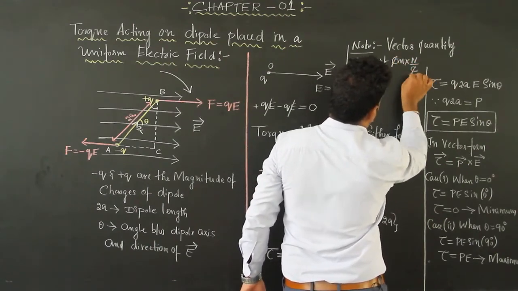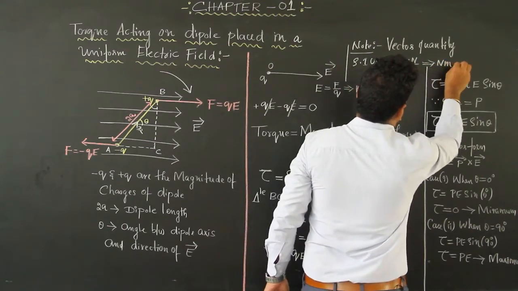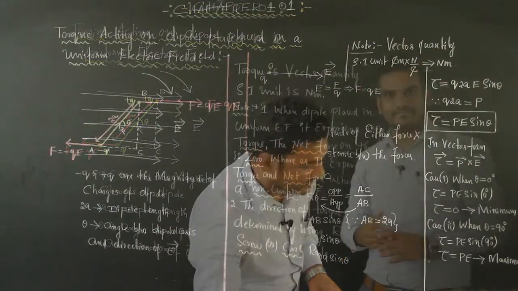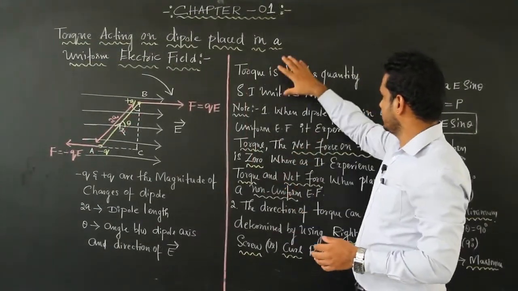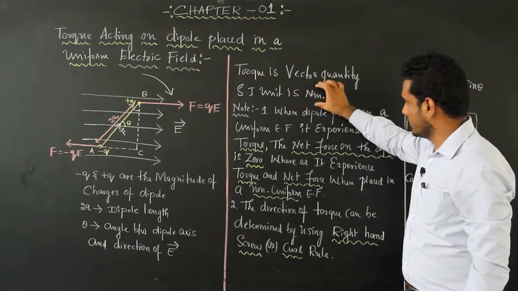So coulomb gets cancelled. So SI unit of torque is Newton meter. Now the torque is a vector quantity and the SI unit of torque is Newton meter.